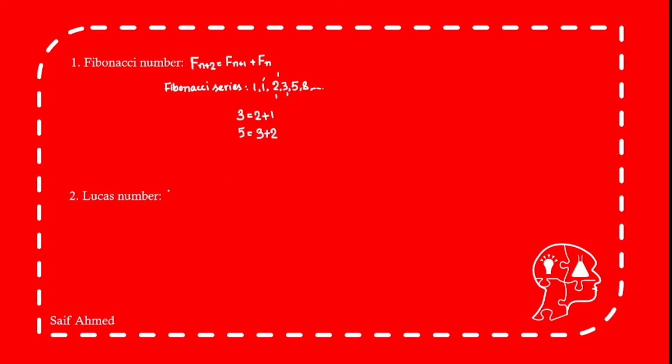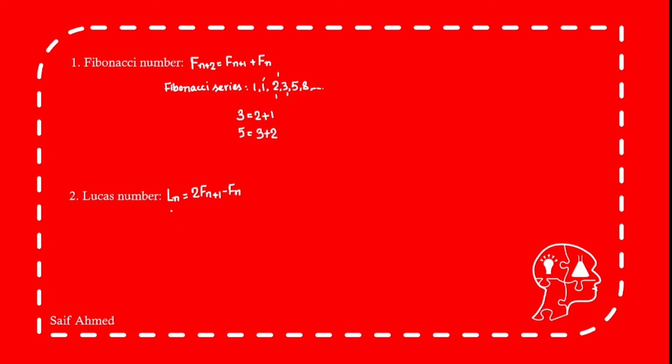Second of all, we need to know about Lucas numbers. It's just an easy term, never mind. The nth term of the Lucas number, I can write like that: L(n) = 2f(n+1) - f(n).